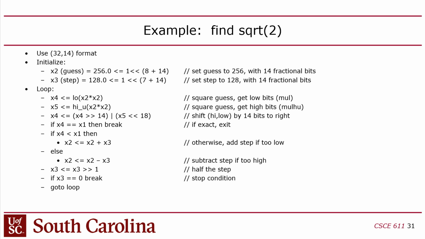So you can set your initial guess to the halfway point, which is 256, and your initial adjustment up or down to 128. Every time you square the value of your guess and then adjust it, you will halve your adjustment amount.